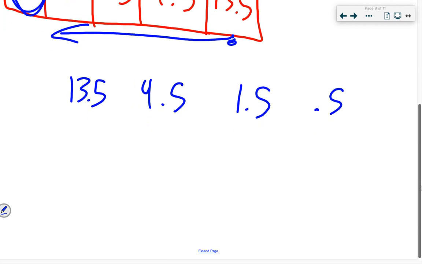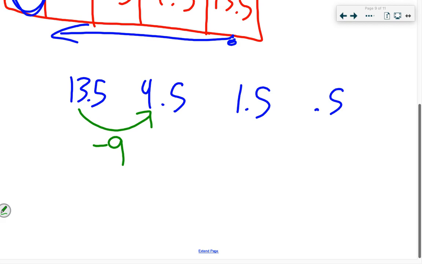So we need to find the common difference. So you might have to use your calculators to figure this out, but we need to figure out what you add or subtract from 13.5 to get 4.5, okay? So honestly, I would do 13.5 minus 4.5, and that gets you 9, which is the difference between these two. So you subtract 9 from 13.5 to get 4.5, okay?